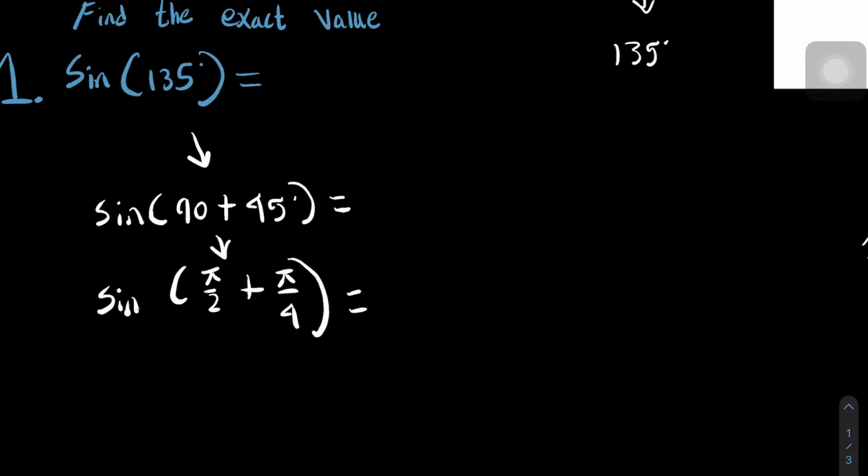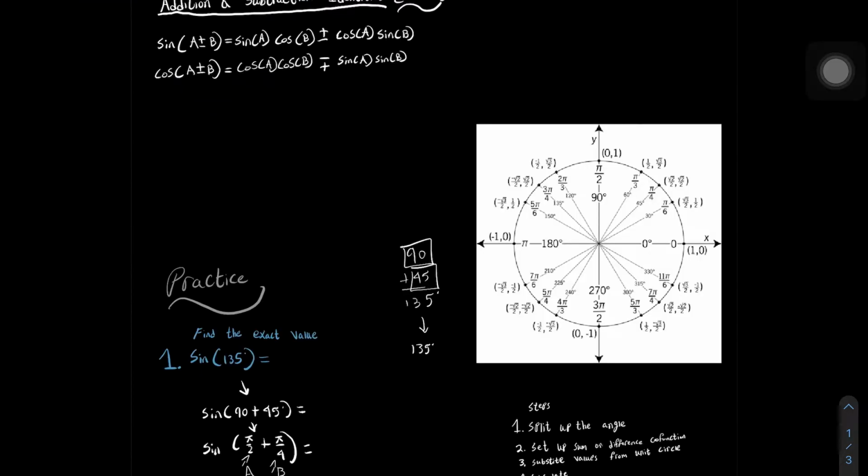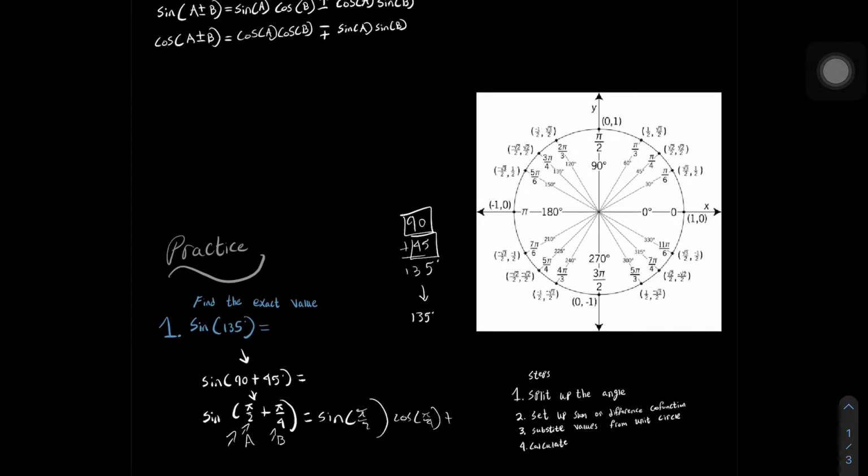This would be a and this would be b. Just think of the first one being a and the second one being b. So it is sine of our a value, which we said is pi over 2, so sine of pi over 2 times the cosine of our b value, which is pi over 4, plus our cosine of our a value.